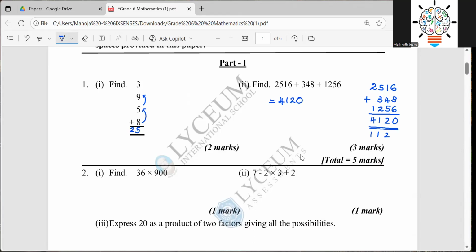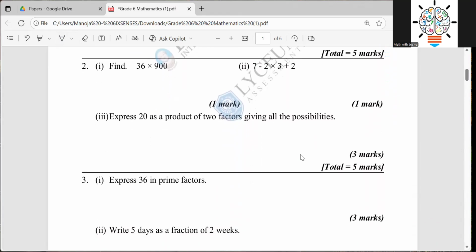Always, before moving to the next question, double check whether you have done it correctly. 4,120. The earlier one was 3 plus 9 plus 5 plus 8, but we start from the bottom, so 8 plus 5 plus 9 plus 3 becomes 25.